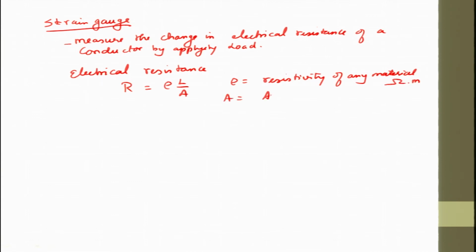A is the cross section area, which is always in meter square. L is the length, the unit will be in meter. So, when I cut down the units, R will always be in ohms.